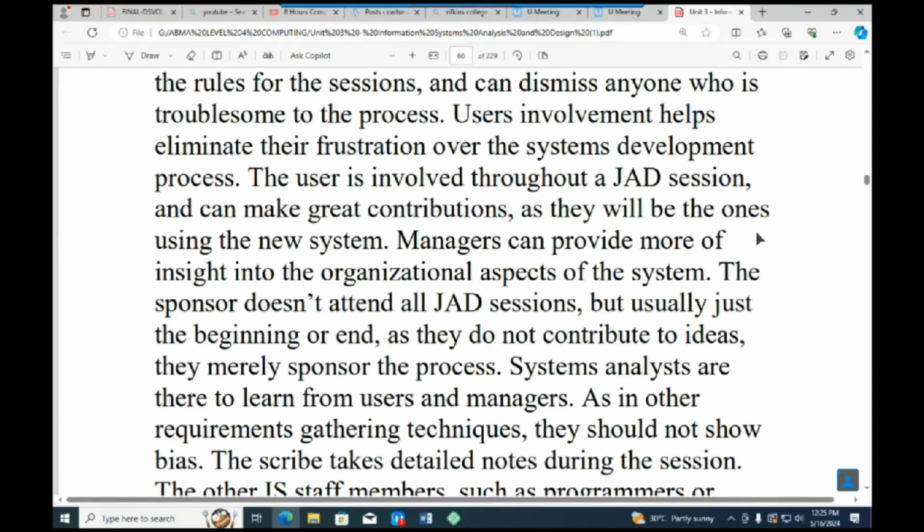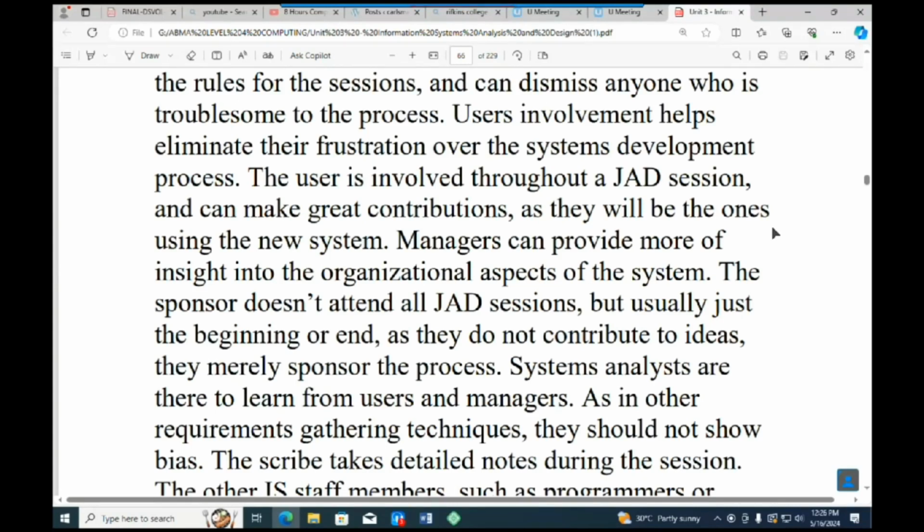Users are involved in the JAD sessions, and that involvement can make lots of contributions. They are going to be the ones to use the new system, to check how it operates and to make sure that all the functionalities are taken care of.